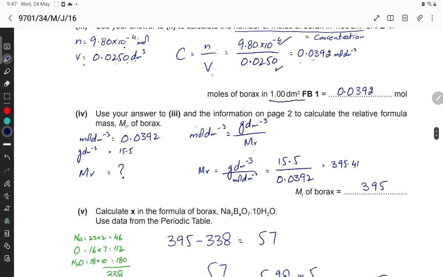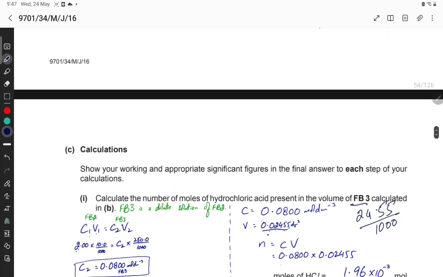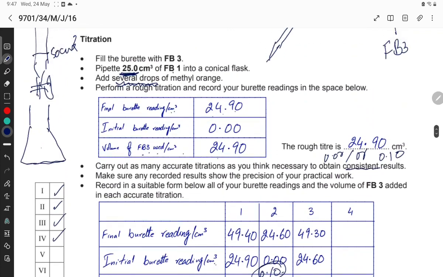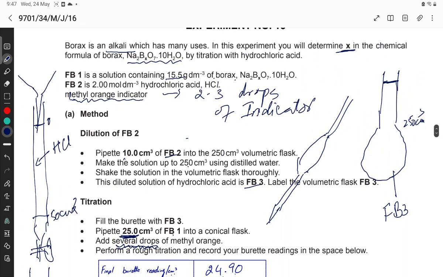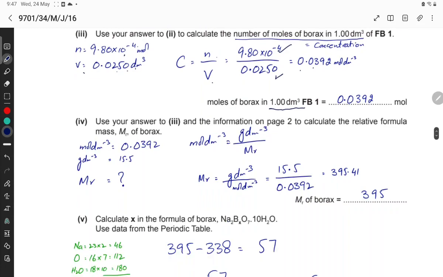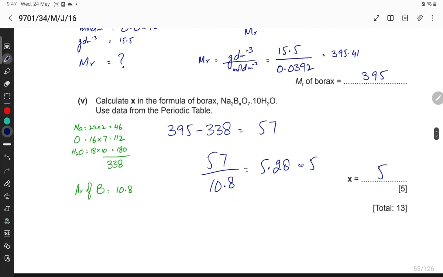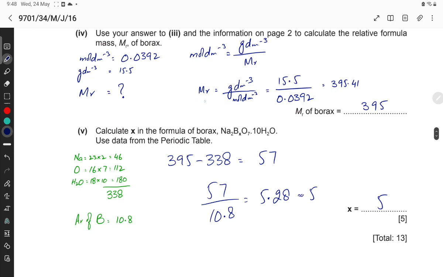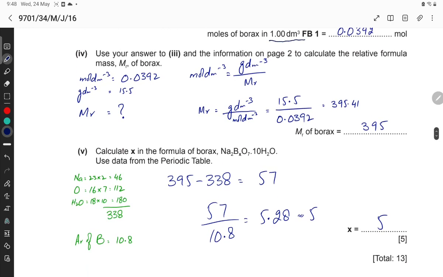Now use your answer to 3 and the information on page 2 to calculate the relative formula mass, Mr, of borax. From page 2, we know this is 15.5 g per dm³ of ore. This is the mass of borax, so by using the mass of borax we calculate the Mr. Moles per dm³ is 0.0392 and grams per dm³ is 15.5.